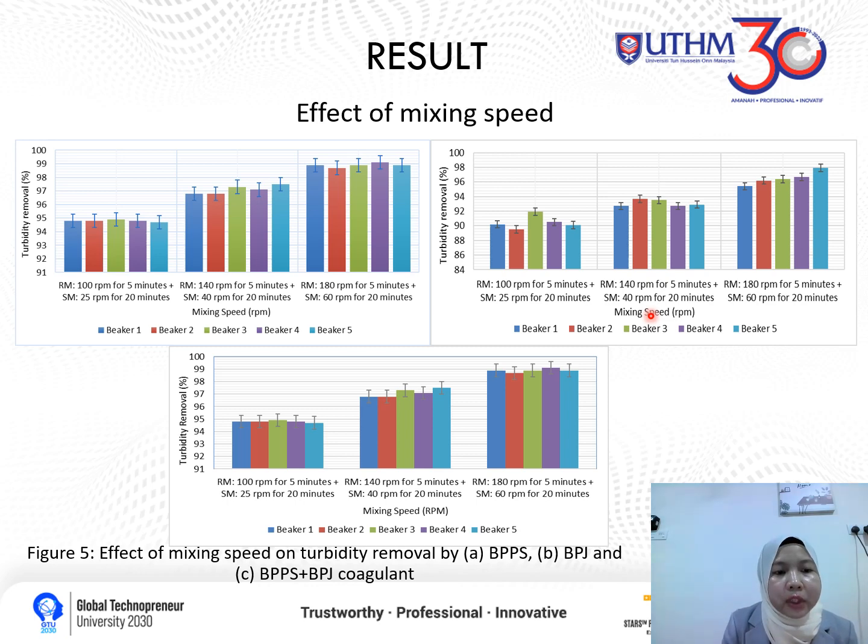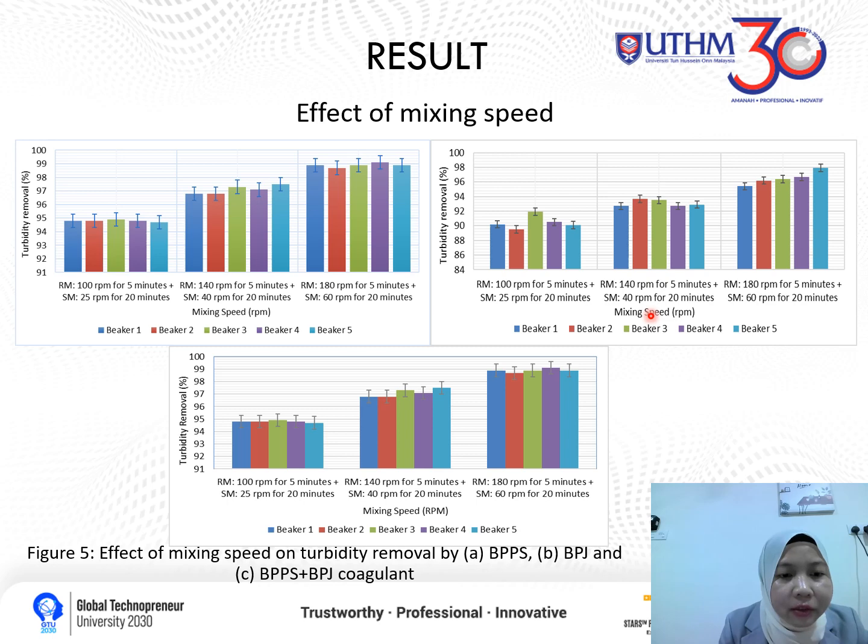So the floc's growth is not significantly influenced by a lower mixing speed. In terms of the floc settlement, slow mixing of 60 rpm forms a larger floc and settles more uniformly compared to slow mixing of 25 rpm and 40 rpm.